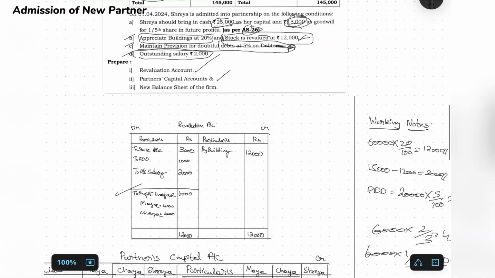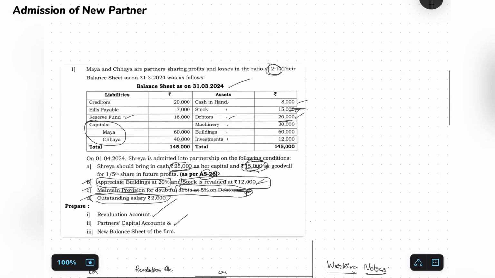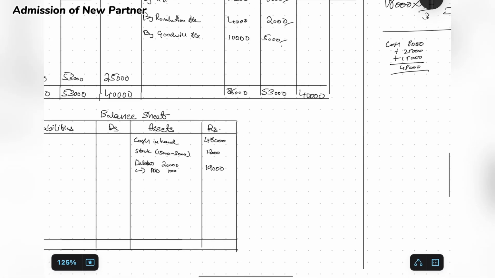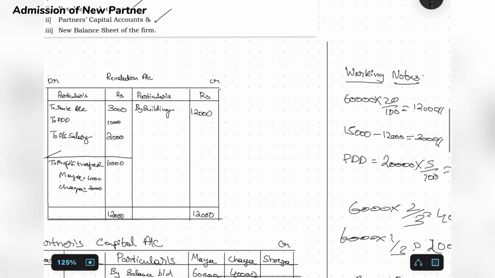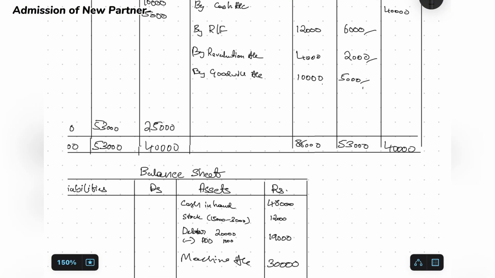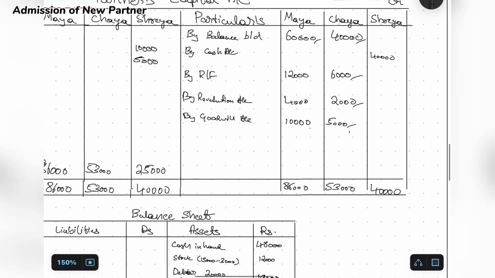Next is the machinery account. The machine value we had is 30,000 rupees. I will make a note in the machinery account as 30,000 rupees. Next I'll come to the building. The building was appreciated by 20%, that is 12,000.